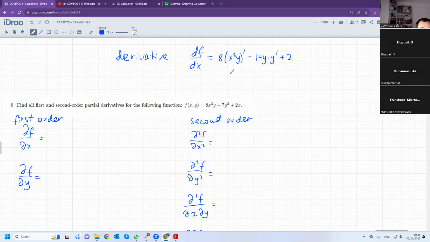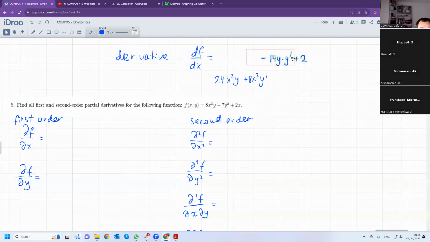And this one is going to be 3x squared y plus x cubed y prime, multiplied by 8, so it's going to be 24 plus 8.